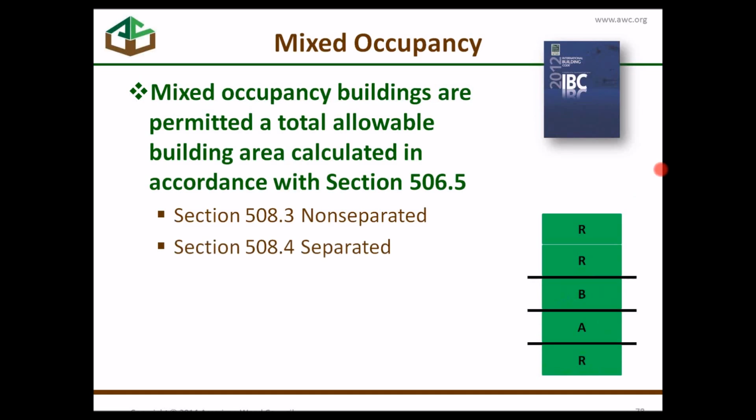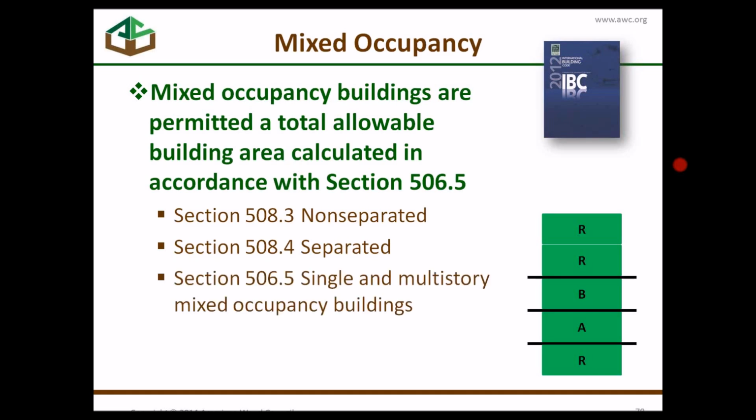In this, you put an occupancy separation, a fire resistance rated separation, between different use groups. This also involves using a formula where you add together the ratios of the actual area of each use group to the allowable area of the use group.